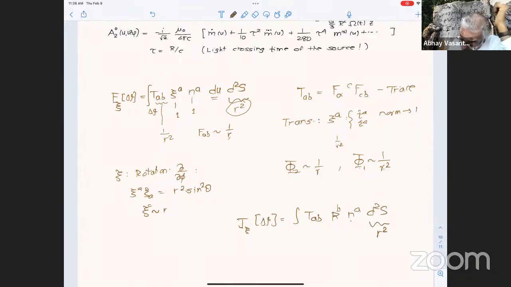This is going to go like 1 because this is a d by du, its component is just equal to 1. And this is going to grow up. Therefore, what can contribute up here is the part which goes like 1 upon r cube, because of r and r squared. So terms of the order of 1 upon r cube will contribute.